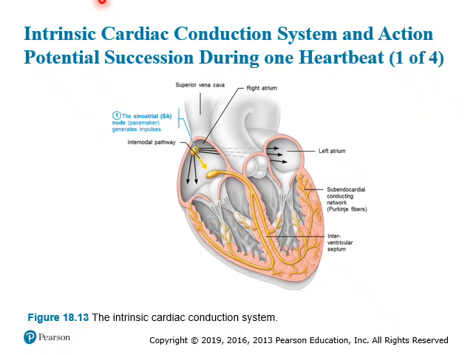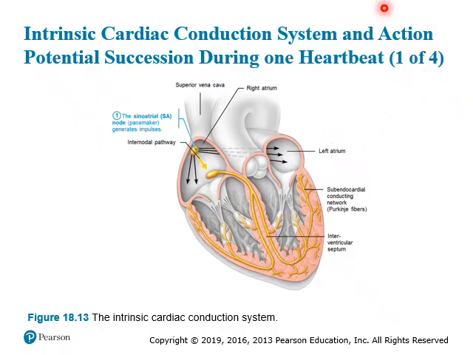The SA node, this first one here, initiates the contraction. It is found in the right atrial wall of the heart. It depolarizes faster than the rest of the myocardium.